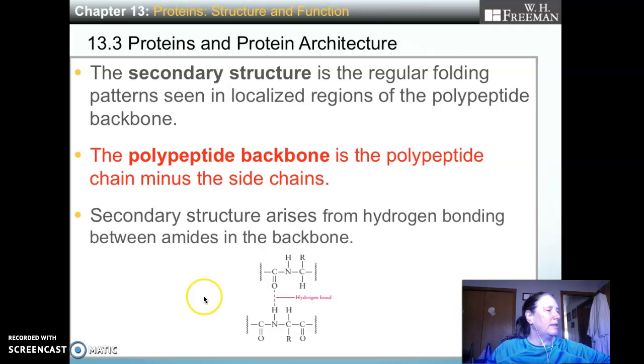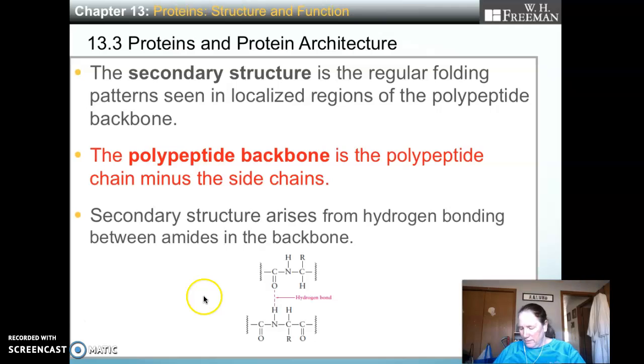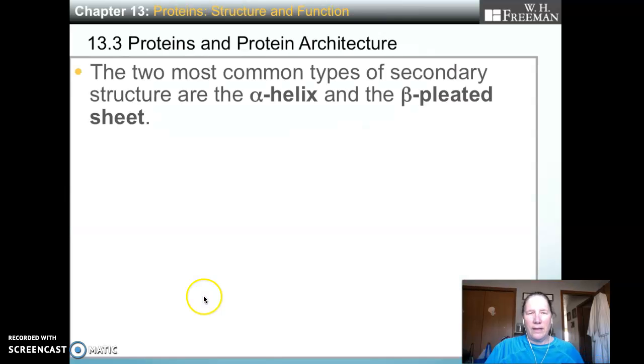Let's see if I can do this. If this is a protein, it's either going to fold back and forth on itself, so that you get something pleated. I'm not doing this very well, you guys. So it'll be pleated like a fan, or it'll just spin apart. And maybe I have a better picture of that. I think I do.